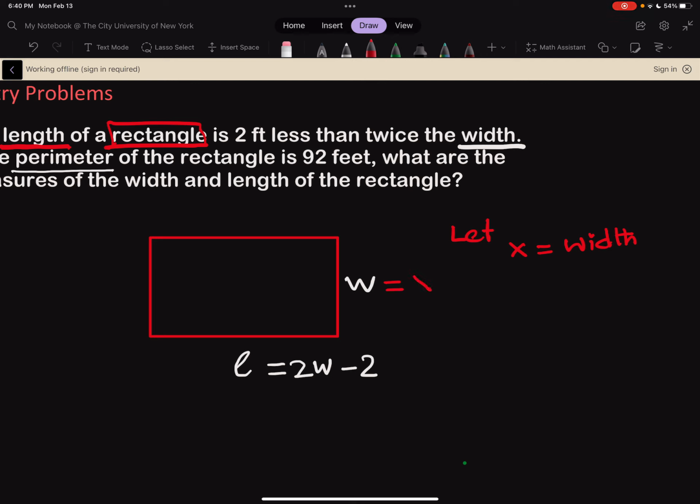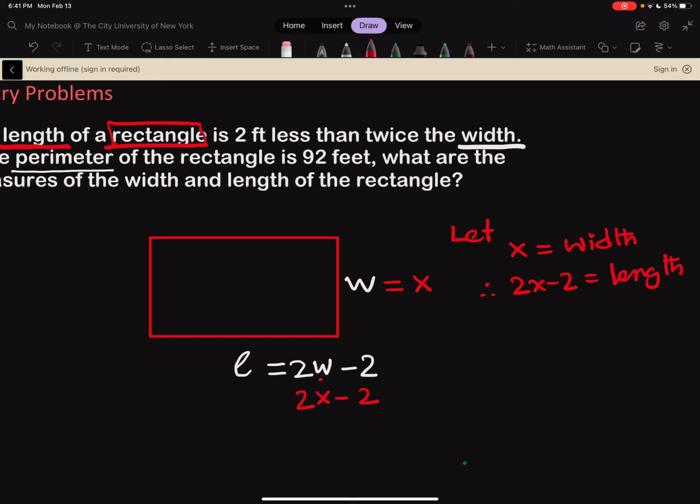Therefore, the length, in place of width is x, is going to be 2x minus 2. So we can say 2x minus 2 is the length of this rectangle.